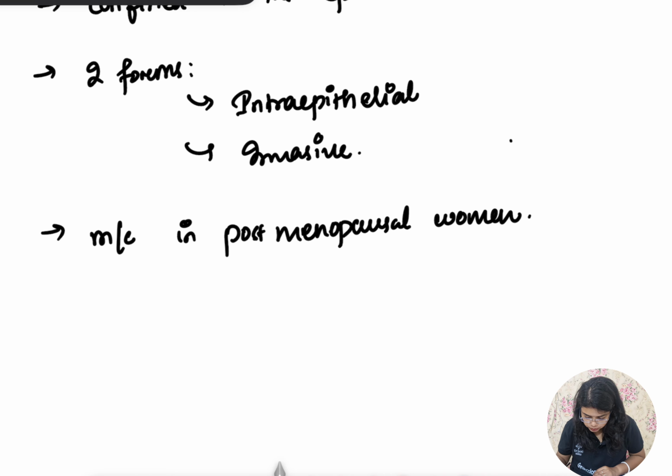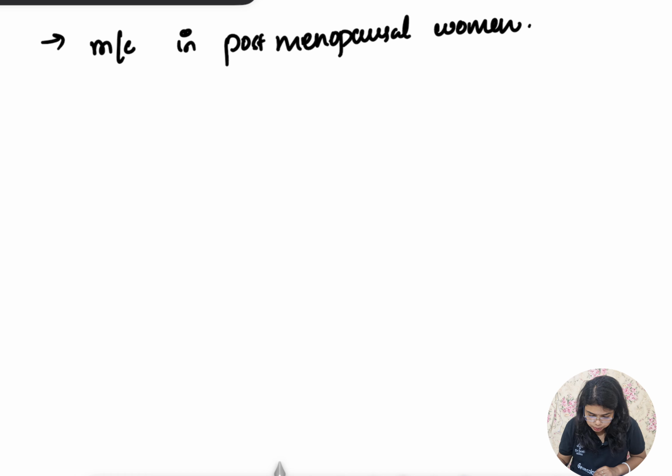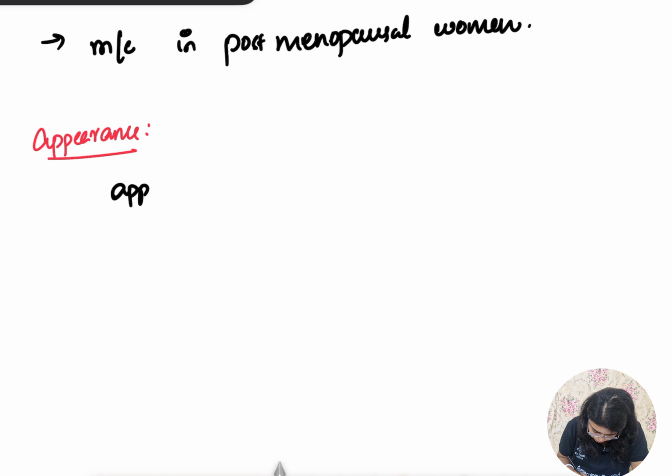How does it appear? It appears as red lesions, patches, plaques with islands of white epithelium. What is the appearance? It appears as red lesions.